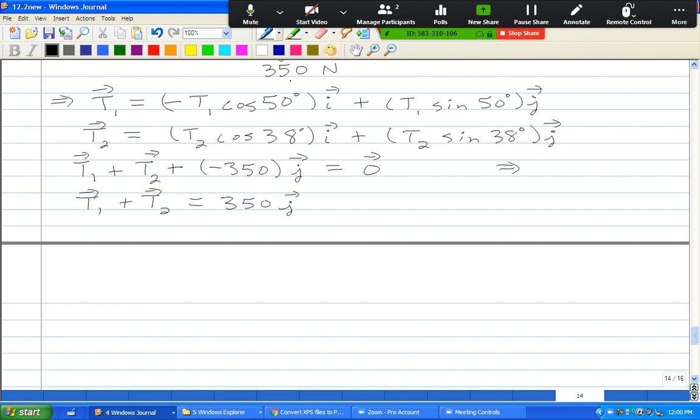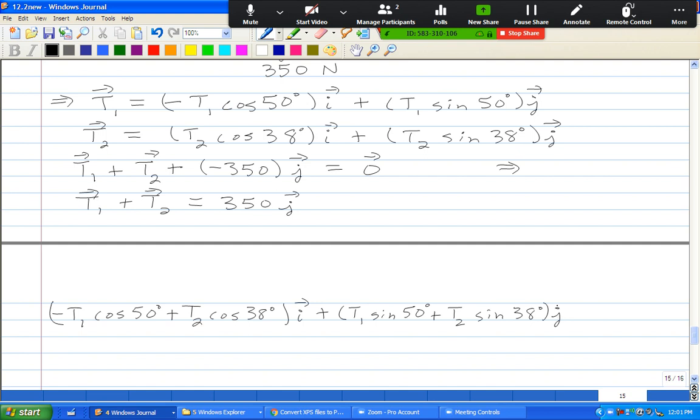So I have T1, so it's a negative T1 cosine 50 degrees plus T2 cosine 38 degrees I, plus the J component of T1 sine 50 plus T2 sine 38 degrees J must equal 350 J. So from this, I'm going to get two equations.